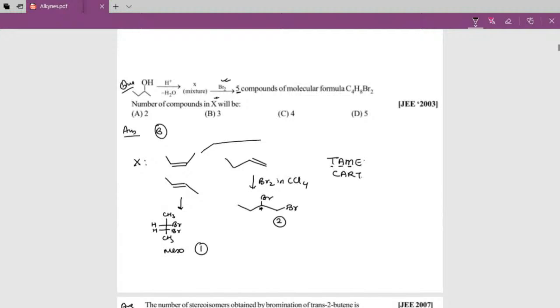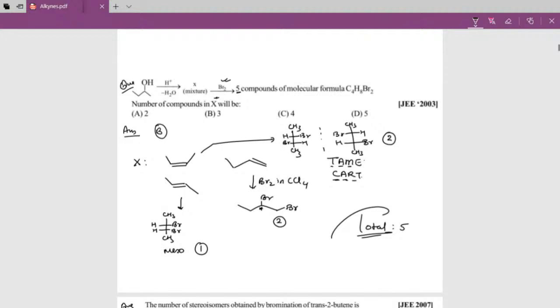Correct? When this is cis anti-addition, racemic mixture, here you will have CH3, CH3, H Br, Br H, and the mirror image Br H, H Br, CH3, and CH3. So 2 products are here. So in total, that is why the question says 5 products are formed.